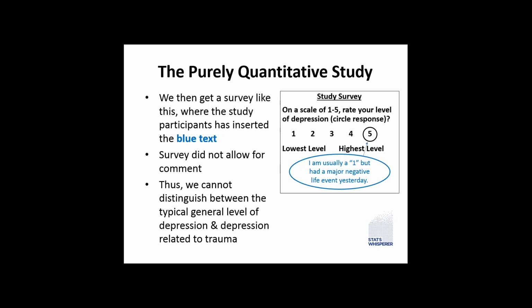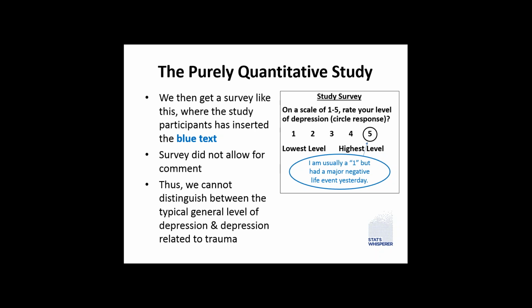So it looks like from this person's data that the person in the community has the highest level of chronic depression possible. However, that's a total misrepresentation of the construct we're looking at because they're usually a 1. So chronically, they're a 1, right? But this day, because of what happened, it's a 5. So it's a total inversion of what's happening, right?